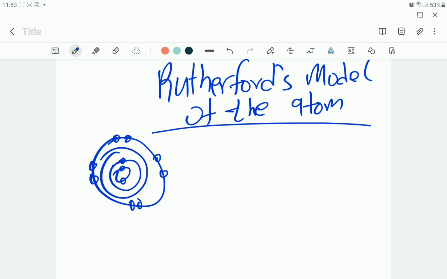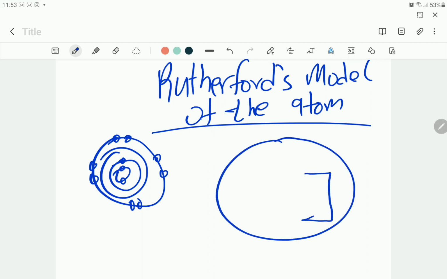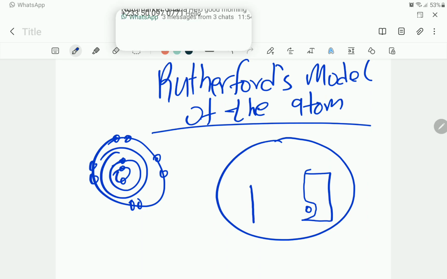Now, Rutherford's experiment consists of a lead block with radium, thin gold foil, and an evacuated glass tube coated with zinc.